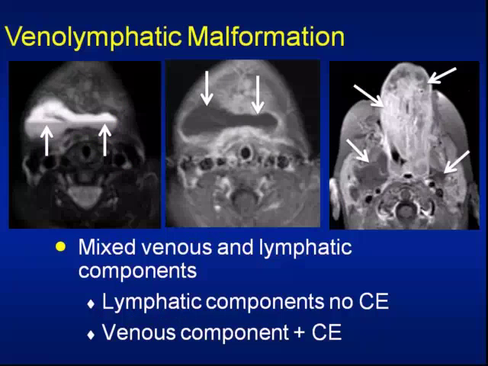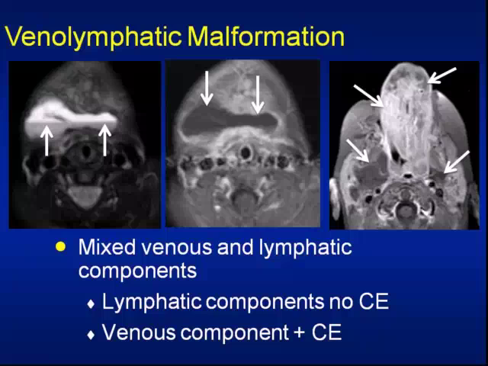Sometimes you can have lesions that appear to be mixed. So we have a child with a very large submandibular fluid level and a macrocystic, fairly unilocular lymphatic malformation. Not much enhancement along the front wall, a little bit of enhancement along the back wall. And if we go north, he has a very large tongue. Heterogeneously enhancing venous malformations in the tongue are not uncommon.